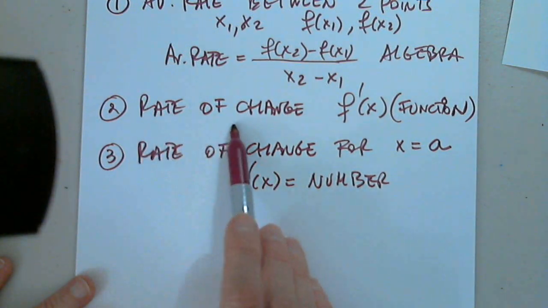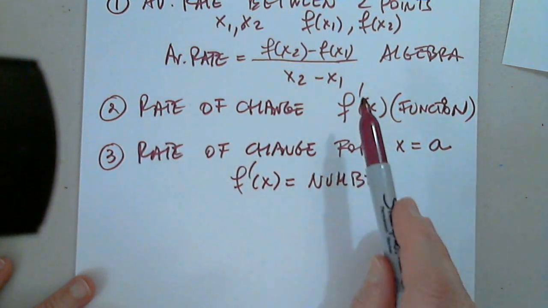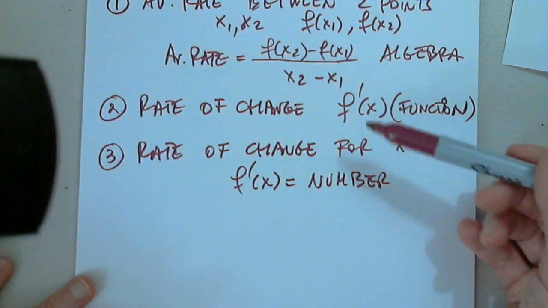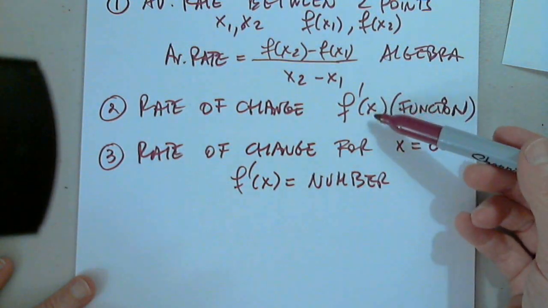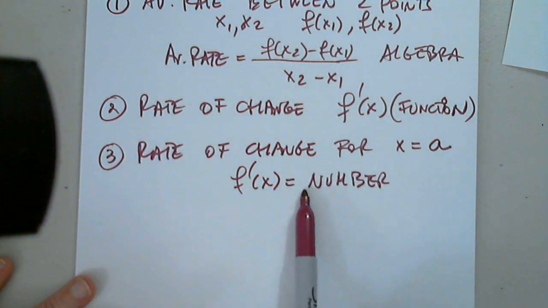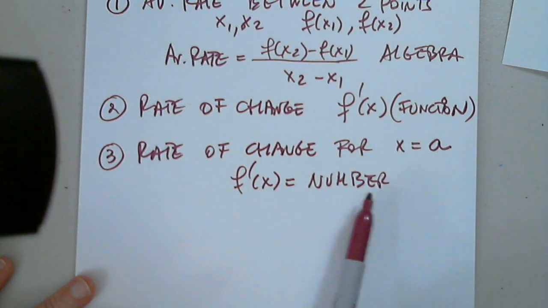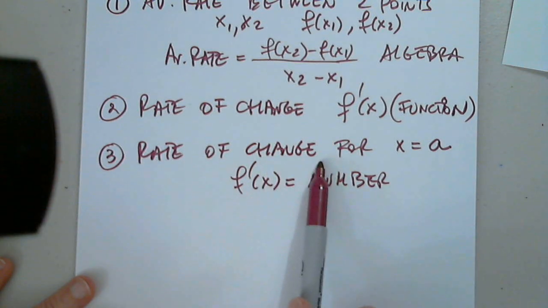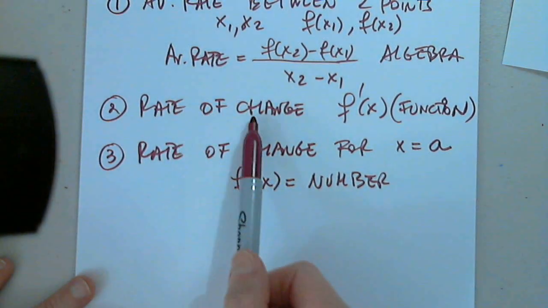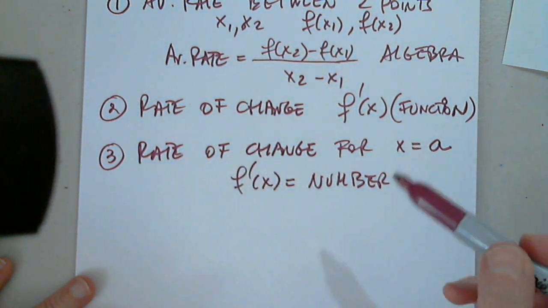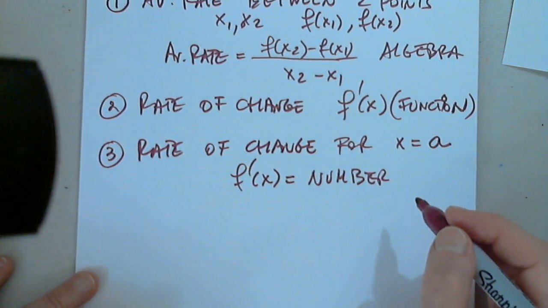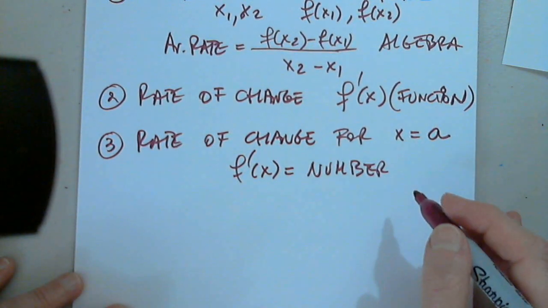But I could be asked to find f prime of x or p prime of x or r, revenue or cost or profit, who knows. When I'm asked to evaluate it, it will be a number. Please remember that this rate of change, like this rate of change, their measurement unit is composed of two measurement units.